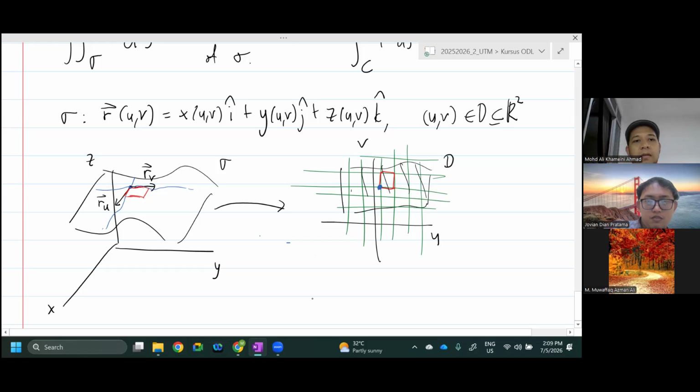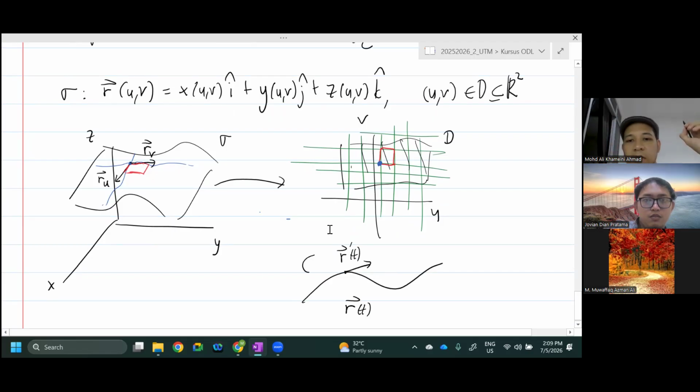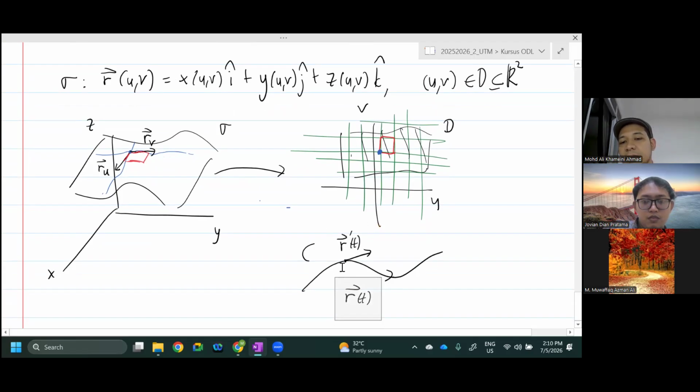If you recall again, for a curve C, you can represent it as R(t). Then if you differentiate, R prime (t) is the direction of the curve, the tangent to the curve.